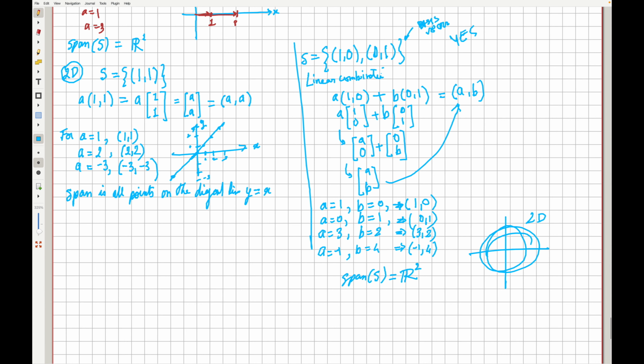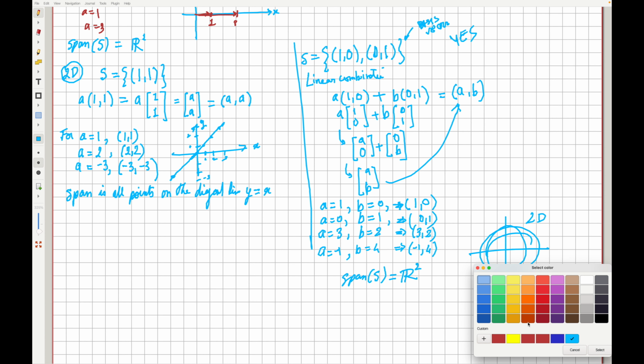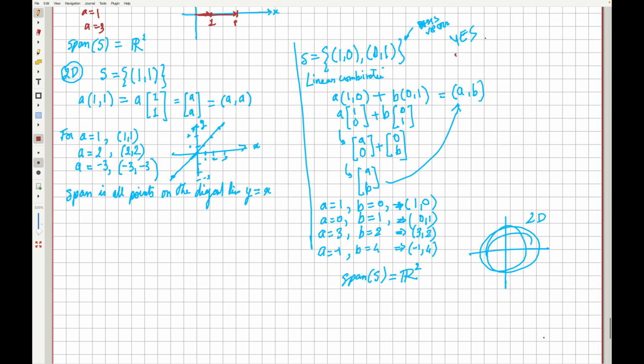The criteria is they have to be linearly independent, as we saw in the previous video. As long as the vectors that we have in the set are linearly independent, they can be used as basis vectors.